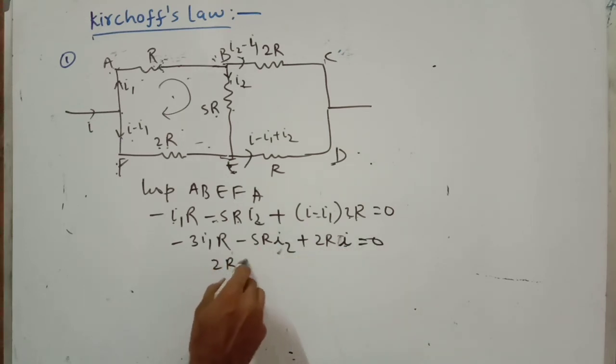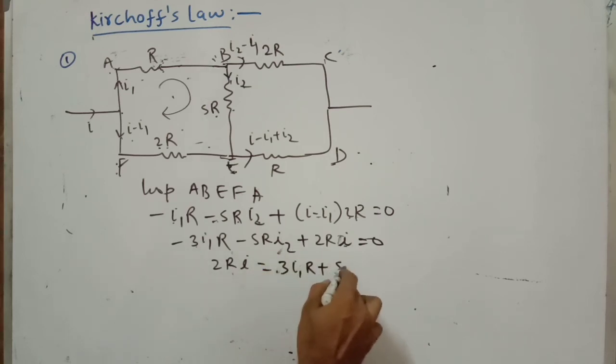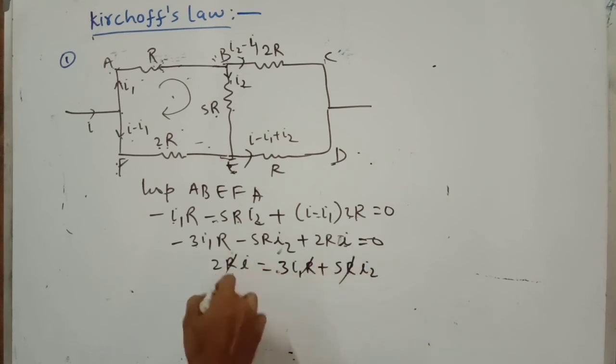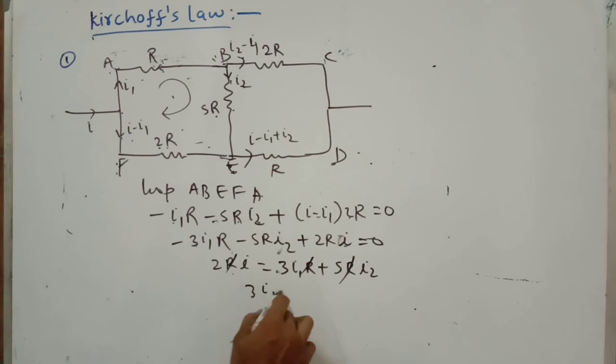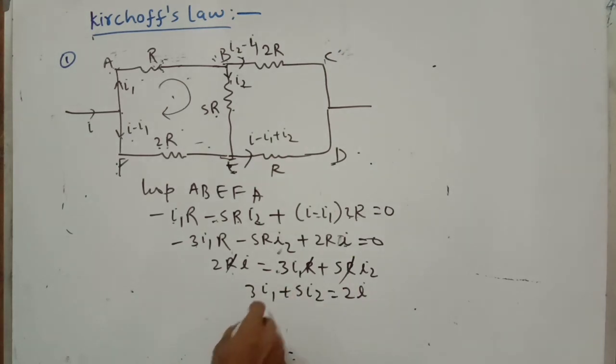So 2RI equals 3I1R plus 5RI2. R cancels, so it becomes 3I1 plus 5I2 equal to 2I. Okay, so that is one equation in terms of I.